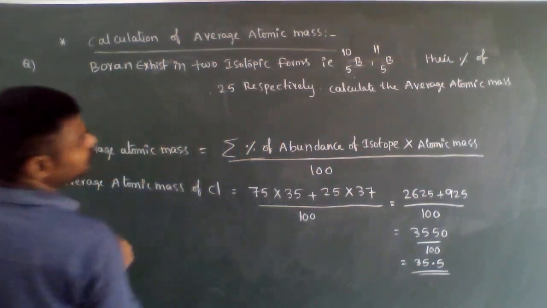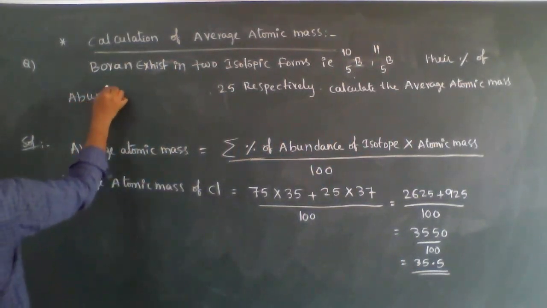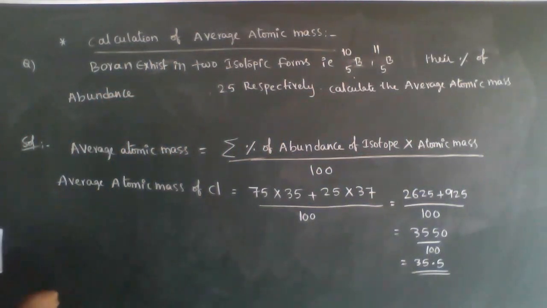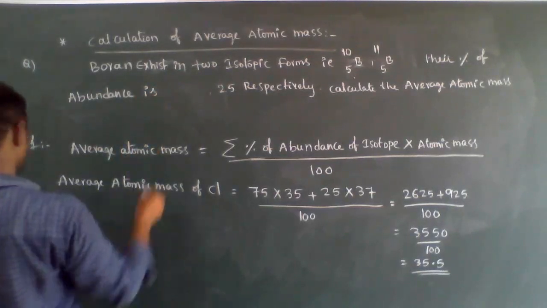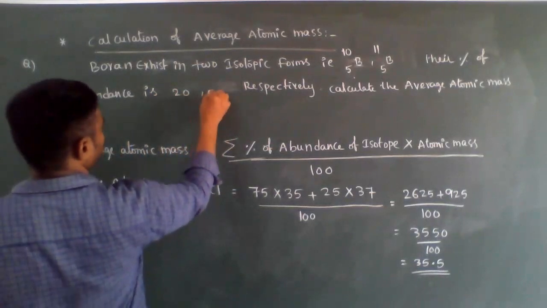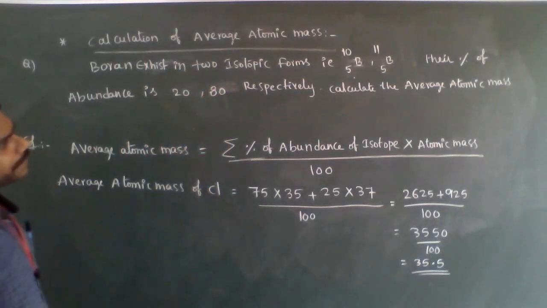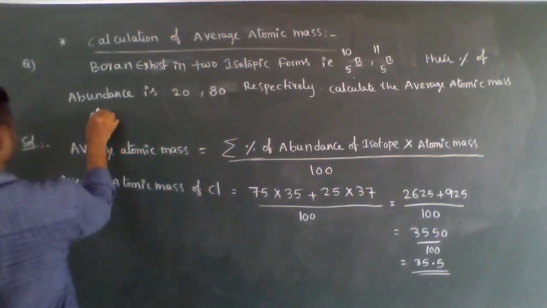Their percentage of abundance is 20 and 80% respectively. Calculate the average atomic mass of boron.